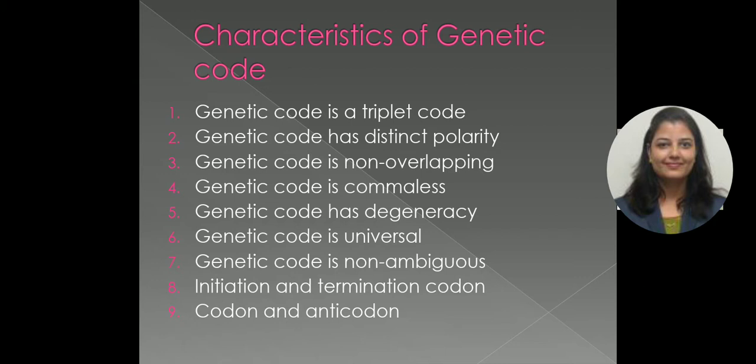So the codon is a part of mRNA. An example is AUG is a codon and is always represented in the 5' to 3' direction, and the anticodon is a part of tRNA which is always represented in the 3' to 5' direction, which will be UAC. So these are the important characteristics of genetic code, which is really important for examination purposes also.